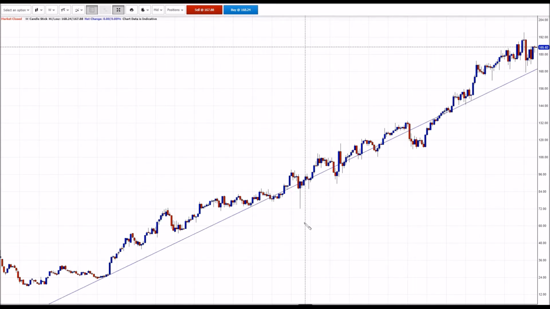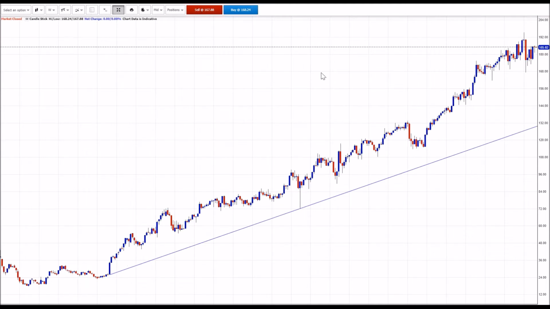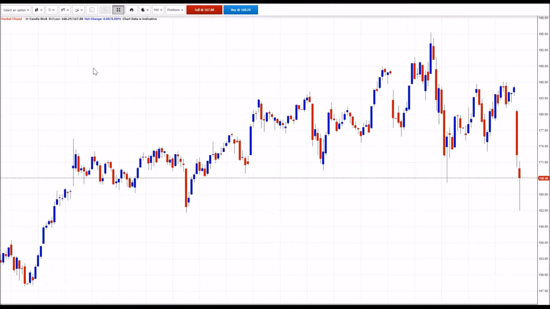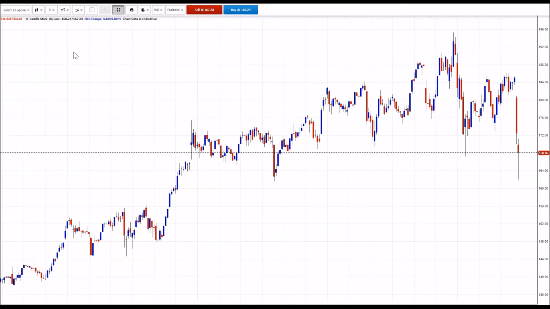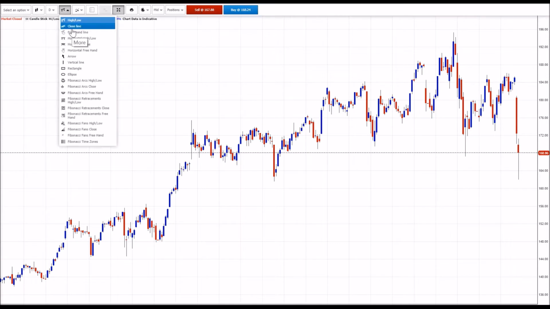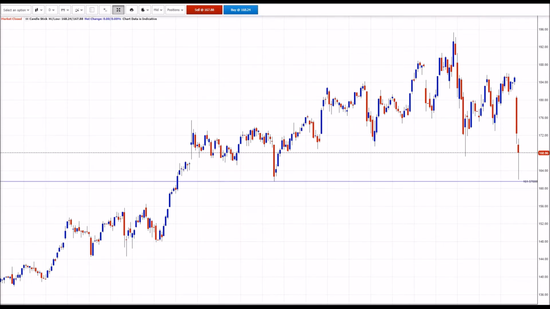So this bad news story this week involving Facebook may well end up being something of a buying opportunity. A really big level to watch on Facebook is these old lows from back here. You can see what happened yesterday: the price came within probably 50 cents of that low.